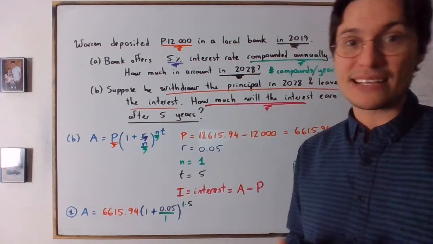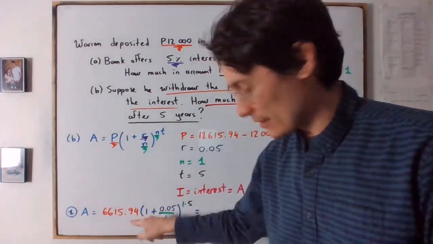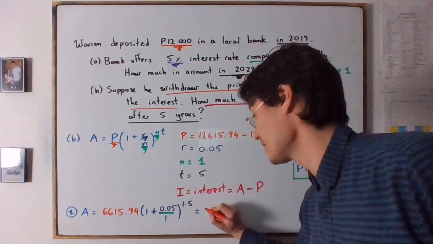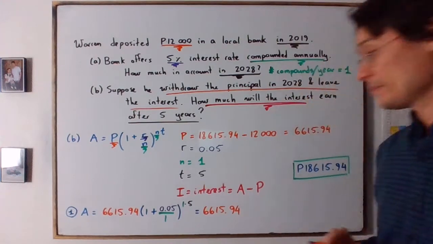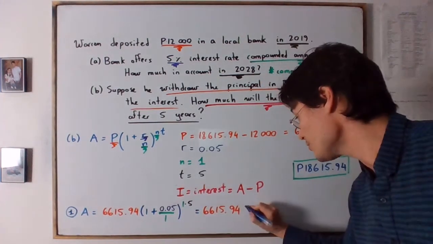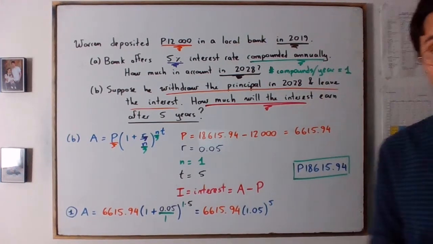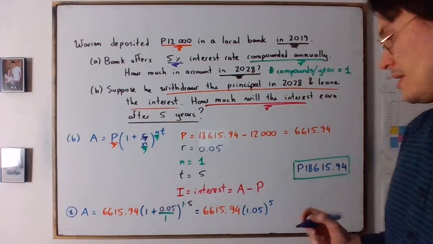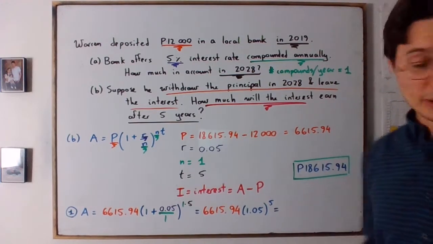And then again, as advice, don't calculate this yet. It's not the time. So 6615.94, and then calculate this all in your head. Don't use a calculator for this. Just put this and this, and then you can calculate this. This will give you a number.